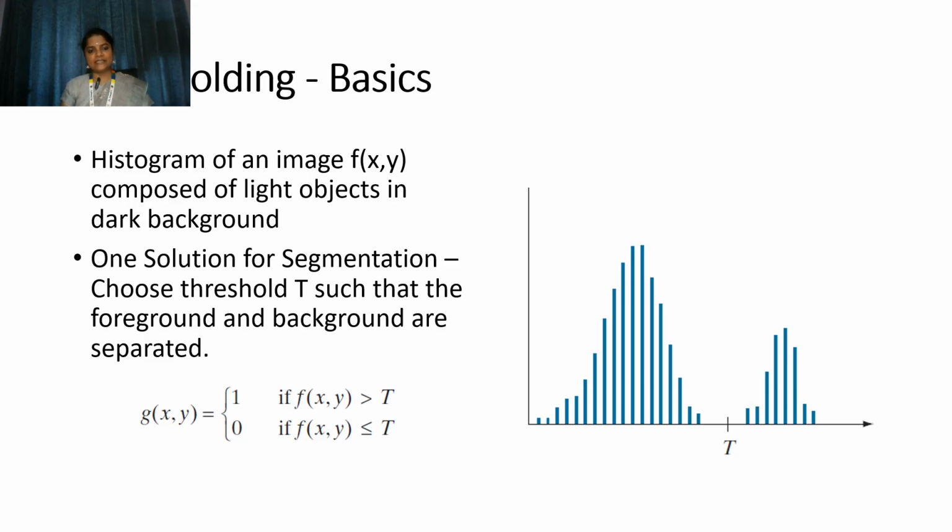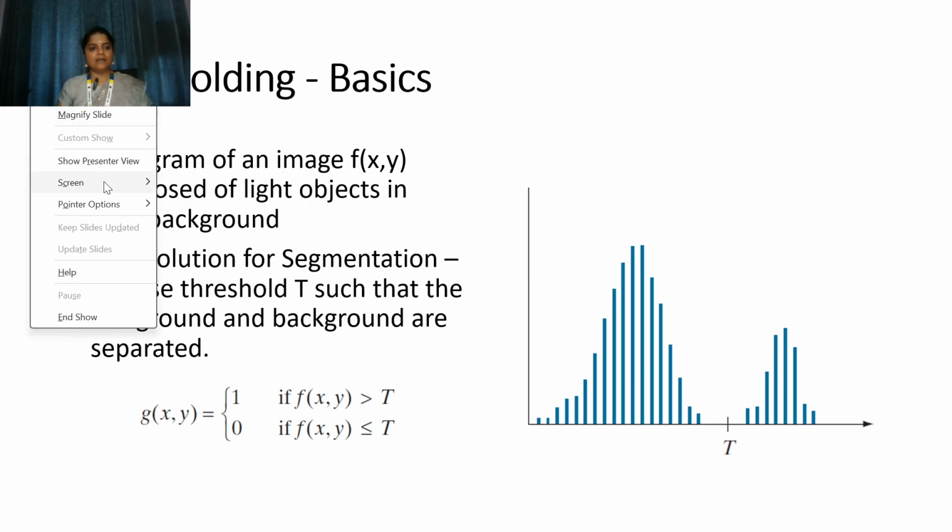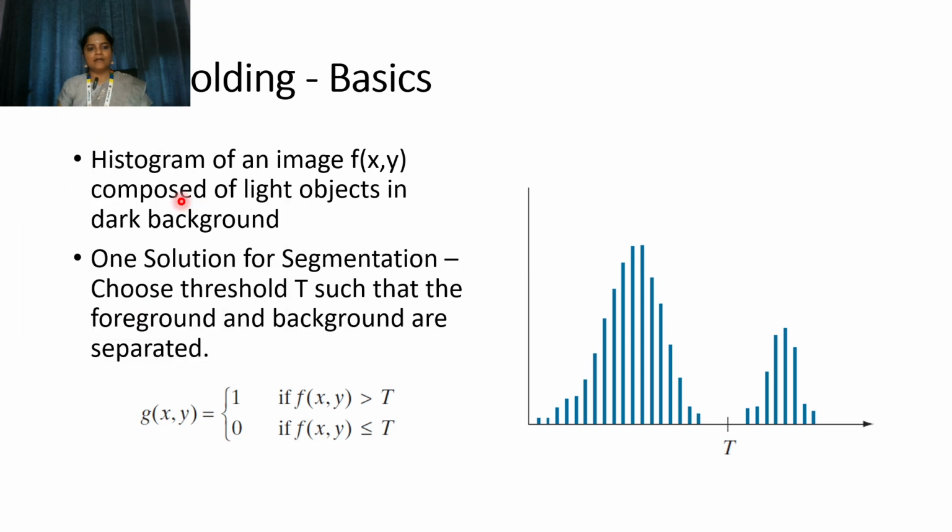So before entering into the derivation, let's first discuss some basics. What is thresholding? If you look at this histogram, this is basically the histogram of an image that consists of light objects in a dark background. So I want to segment this image.